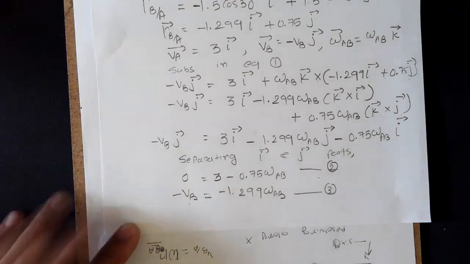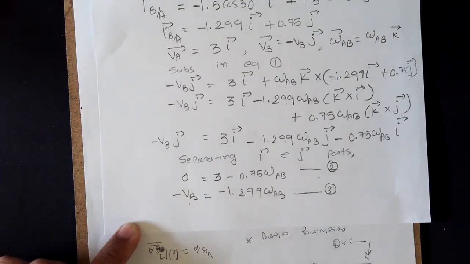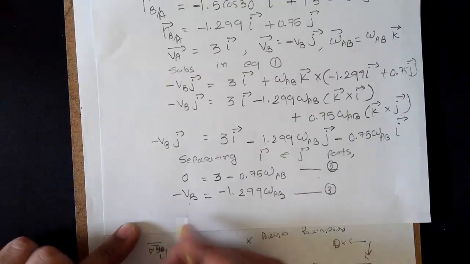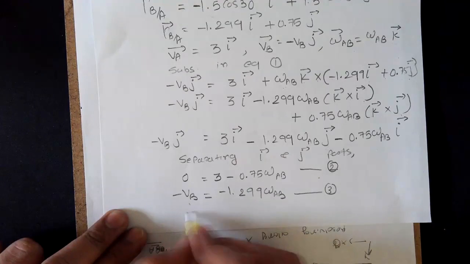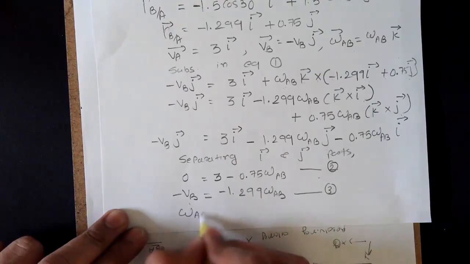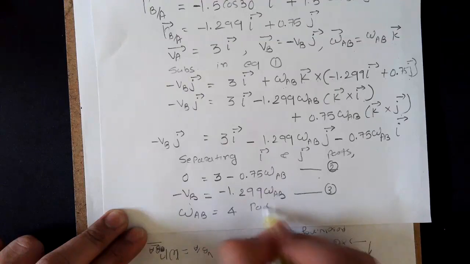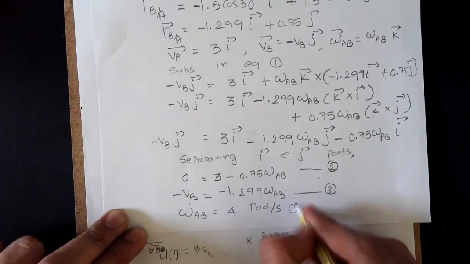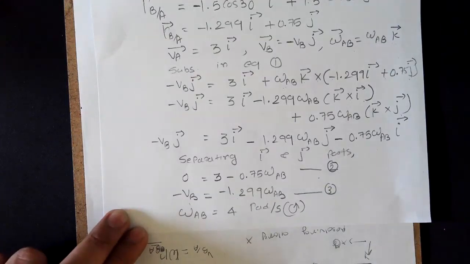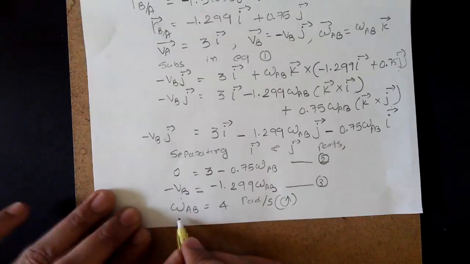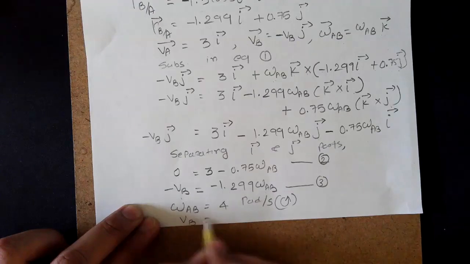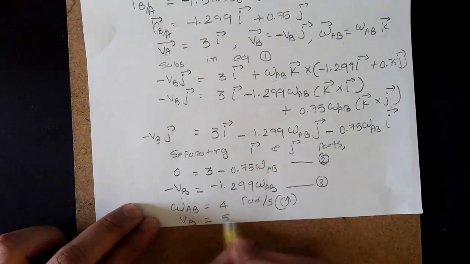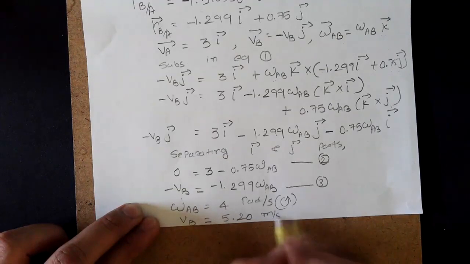And when you do this, you will find the answers that omega AB is exactly 4 radians per second, and the direction is counterclockwise, and the other one, VB, is 5.20 meters per second, and it's going down.